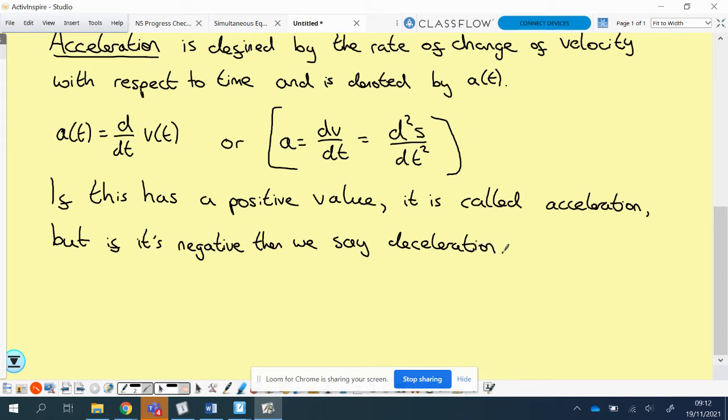Okay, so if the acceleration value that we get out is negative, it's actually slowing down, it's decelerating as opposed to accelerating.